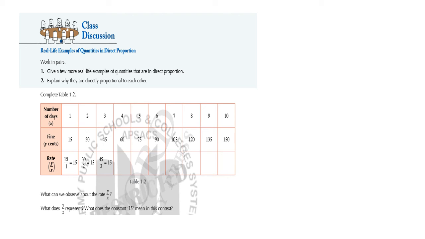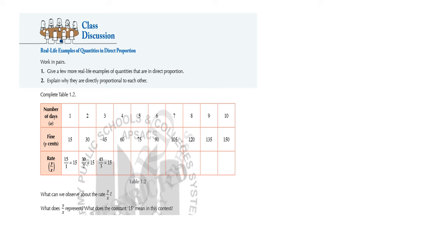We have to divide y by the corresponding value of x. 3 columns are done, and the rest of the columns are for you to solve. At this point I request you to solve on your books. Take your time, solve all the empty columns.